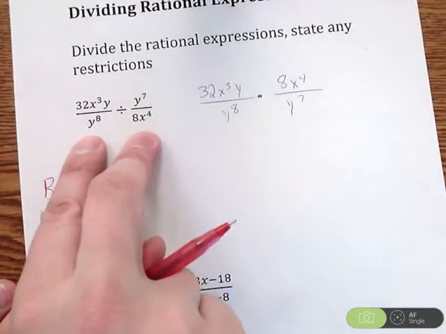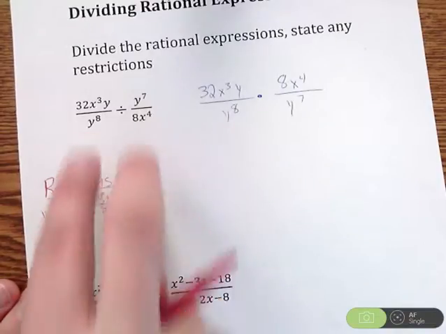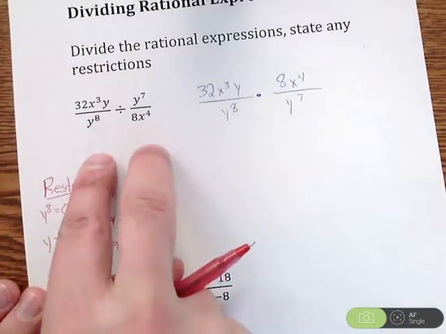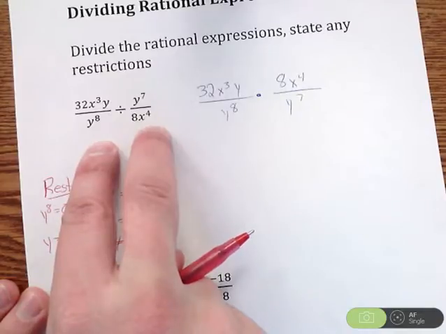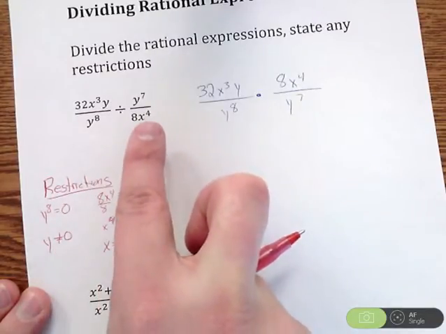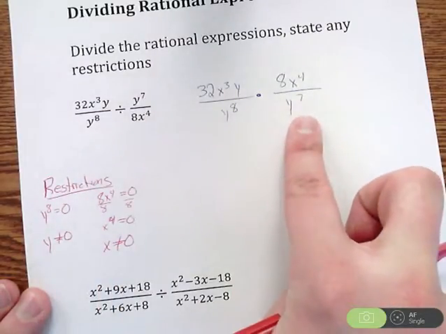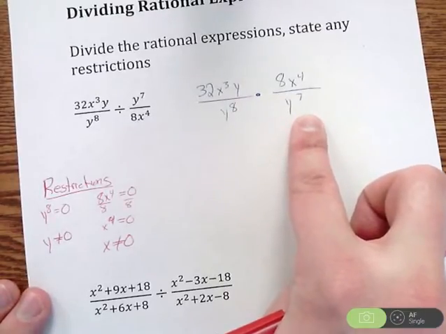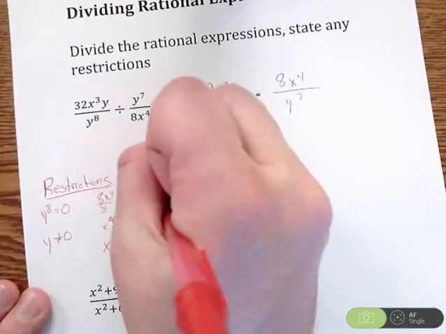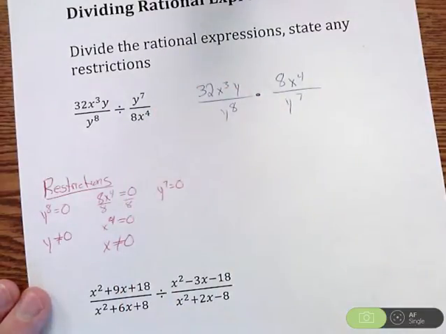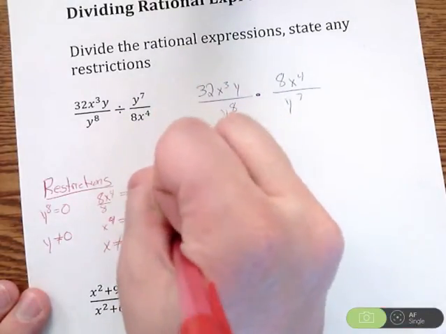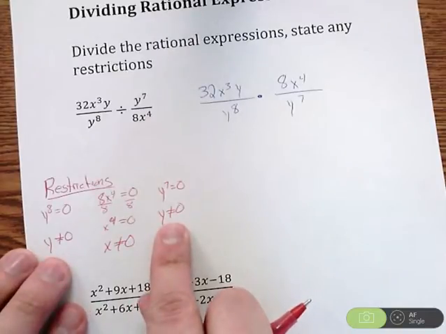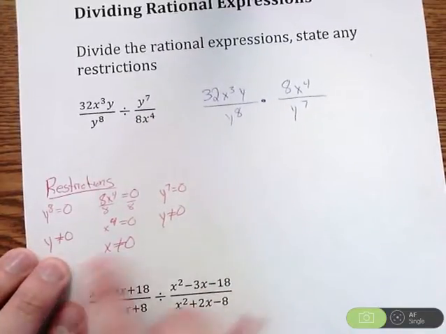The denominators here are my restrictions, but here's the deal. After I took the reciprocal of my second fraction, I now have a y to the seventh in the denominator. In this case it's not going to do much, but you would take that y to the seventh, set it equal to 0 and solve, and find again that y still cannot be 0. You don't have to write it twice, but you see what's going on.